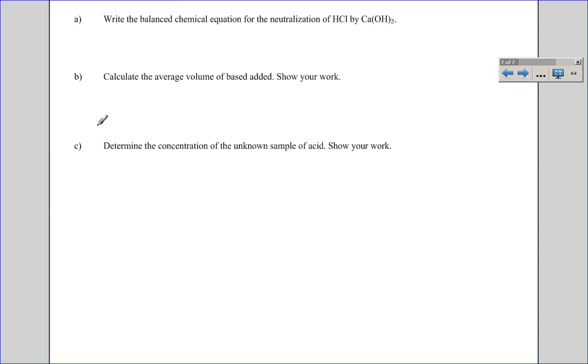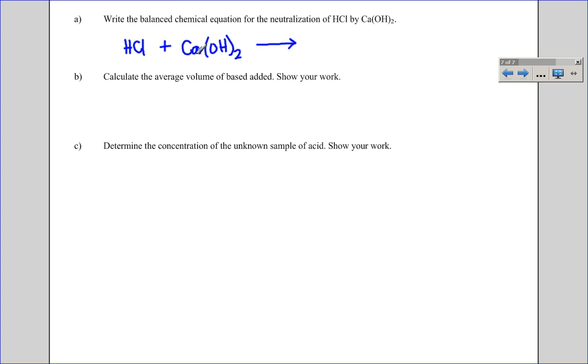To start, we need to write a balanced chemical equation for the reaction that we're studying. We've got hydrochloric acid, which, by the presence of the H in the formula, you know is your acid, and calcium hydroxide, which you know by the presence of the hydroxide is your base. And as I said, you'll recognize this as a pretty routine double displacement reaction.